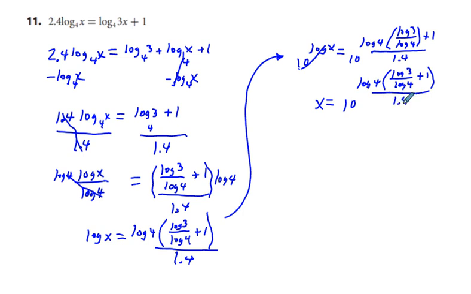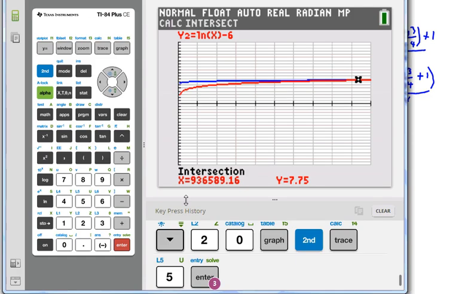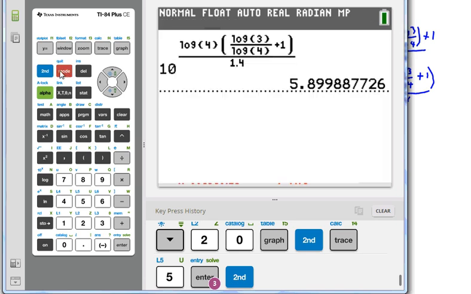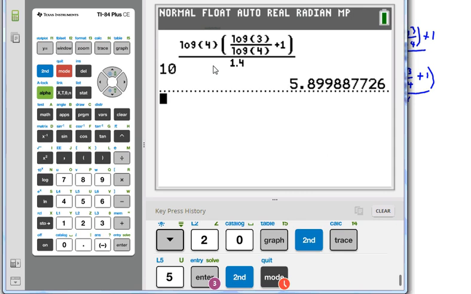Now this is quite a handful to enter in the calculator, so what I did previously is I entered this in the calculator, and I had to be very careful entering, but I did.